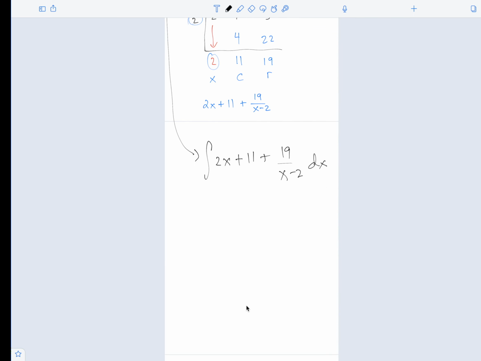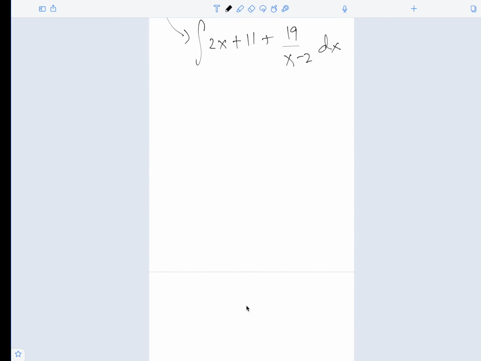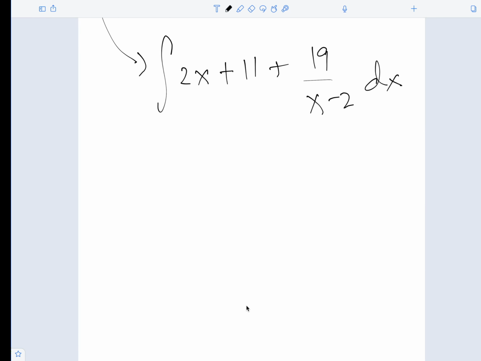Well, because the sum of the integrations is the integration of the sums, so I can rewrite this as the integration of 2x dx plus the integration of 11 dx plus the integration of 19 over x minus 2 dx.